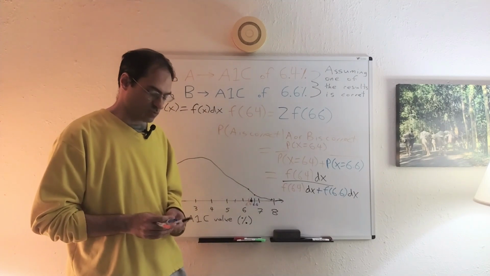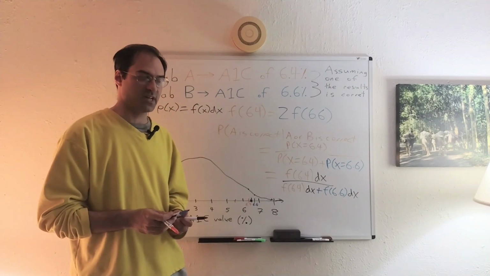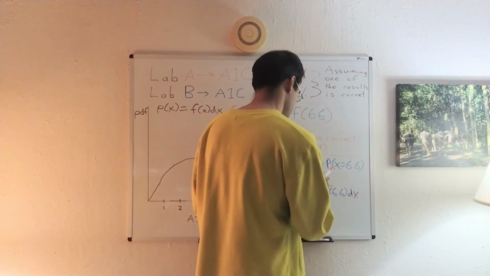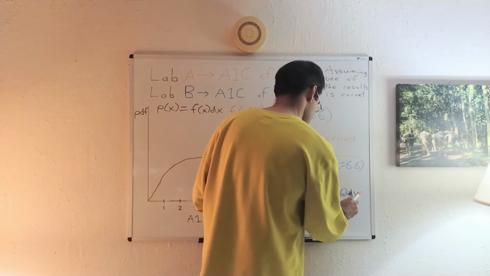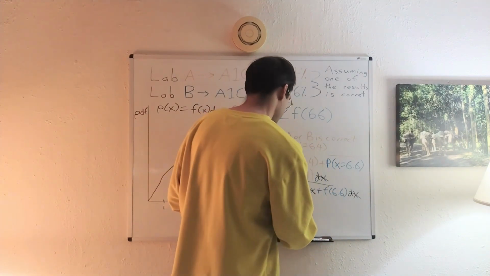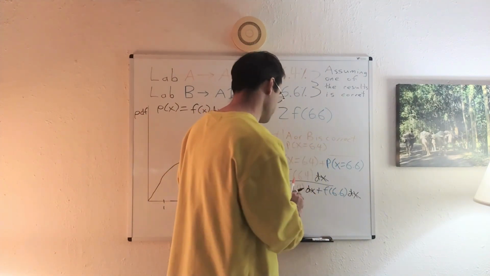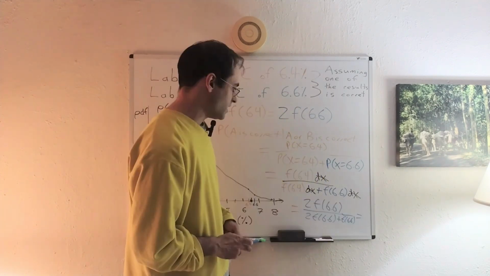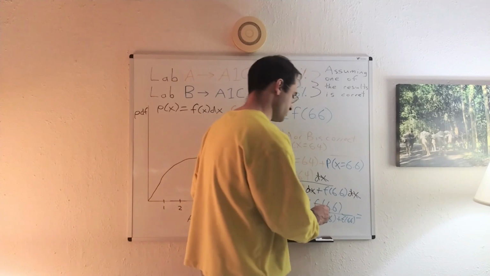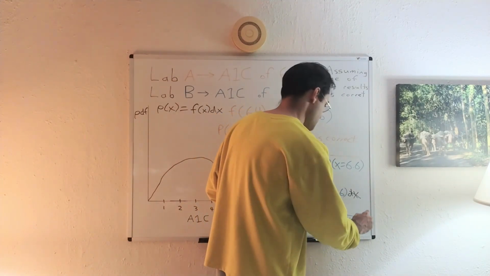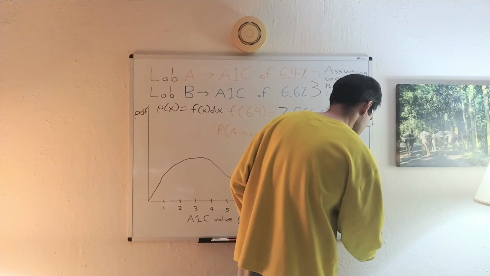Now, since I'm assuming here that dx is that infinitesimally small unit, we can just get rid of all of these. And f at 6.4 is 2f at 6.6 by assumption. So what we end up with is we're able to cancel out all of these, and we just get 2/3.